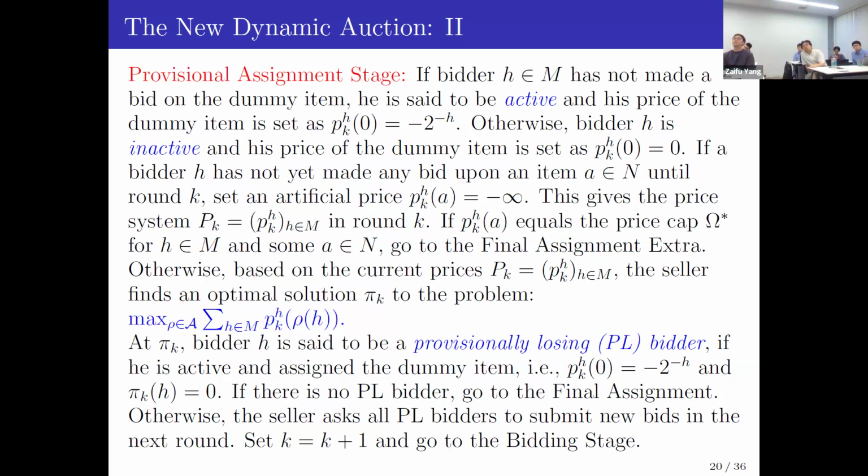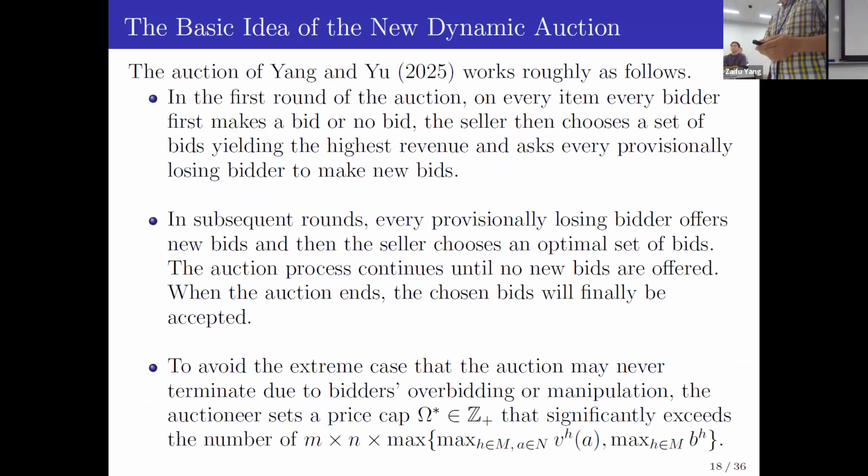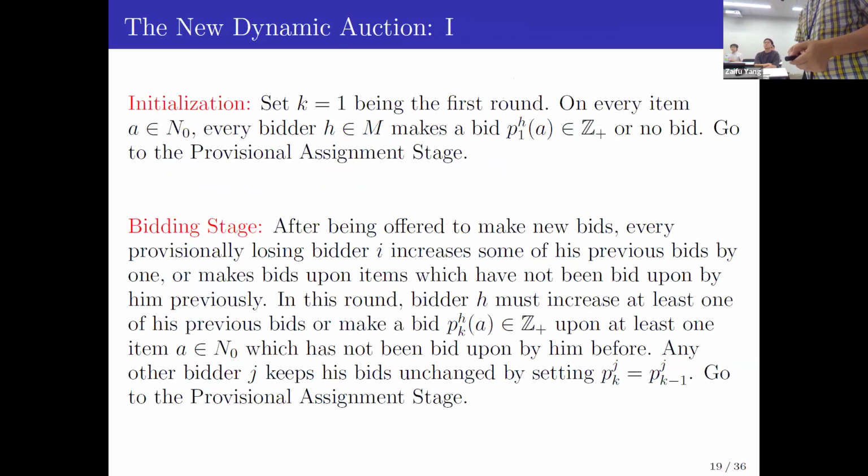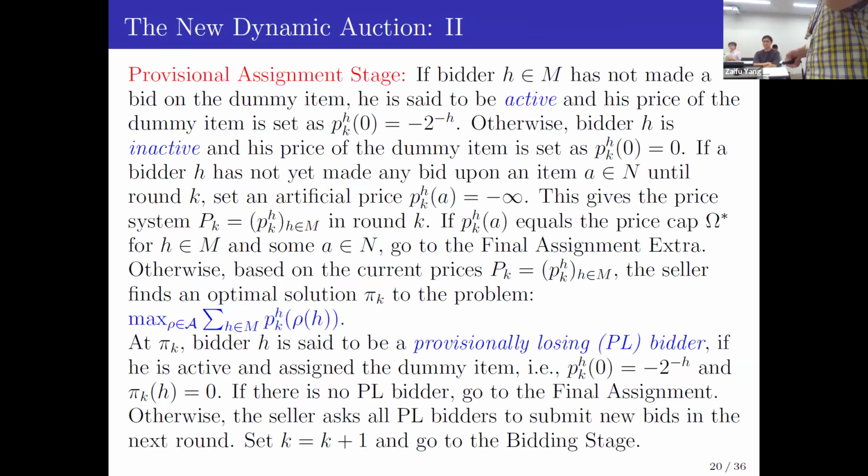And what other things will the auctioneer do? If a bidder h has not yet made any bid upon any real item until the current stage, then we set an artificial price for that item, simply minus infinity. Why do we use this minus infinity?